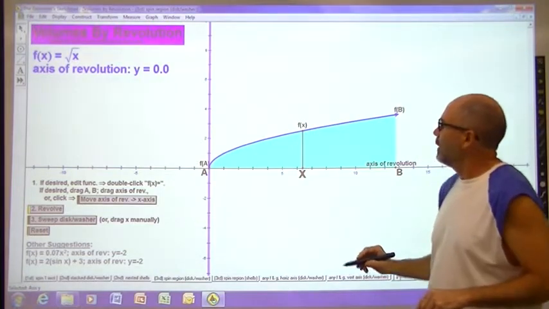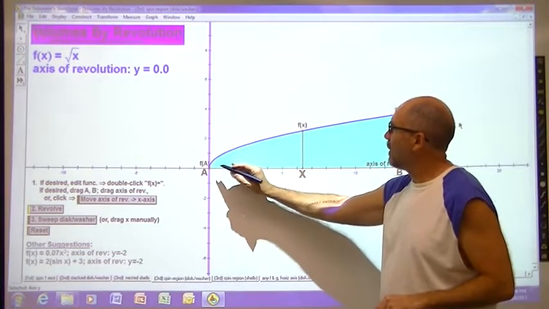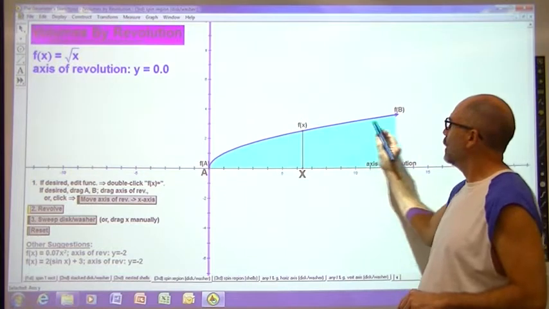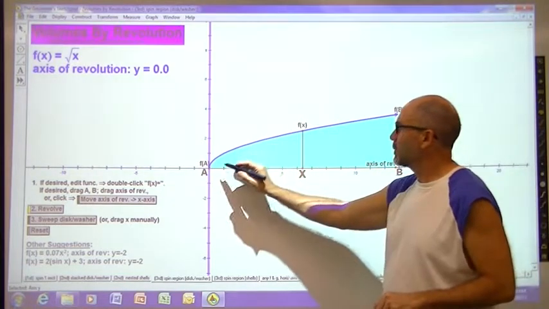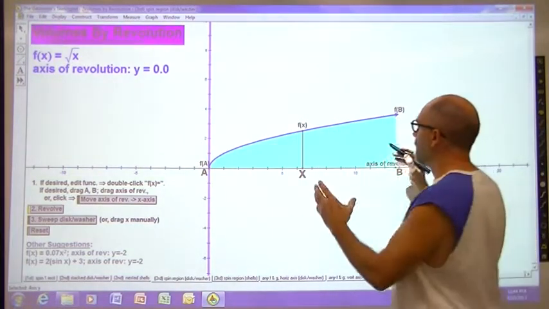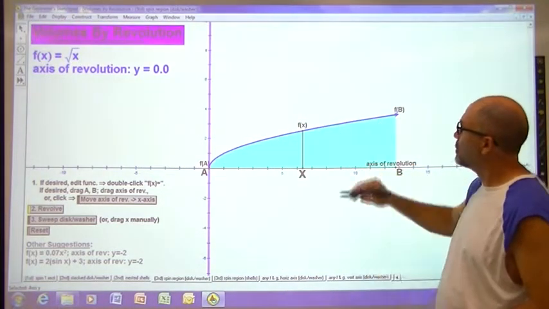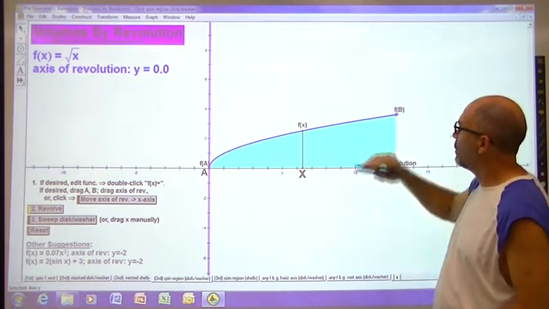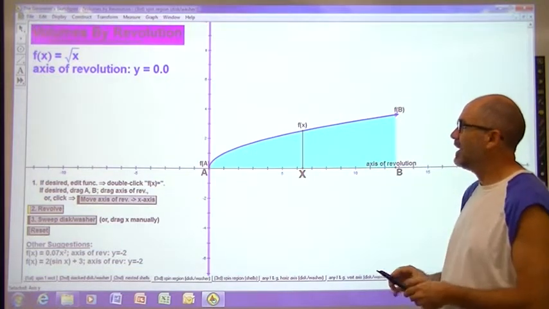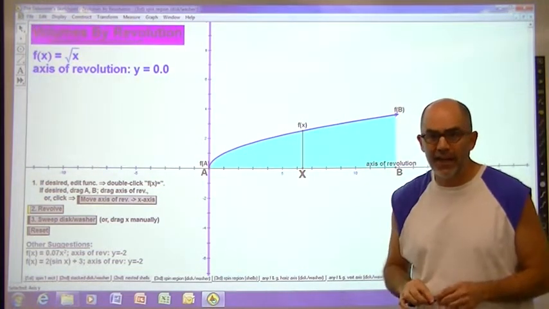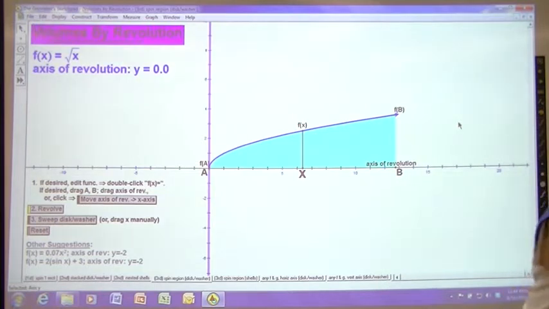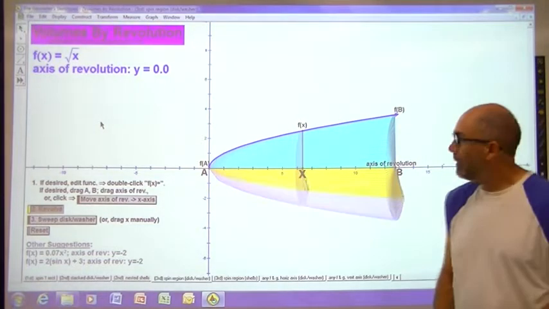Let's say that our radius follows the function y equals the square root of x. So basically, we're going to take this function and rotate it around the x-axis, and it's going to look something like this. Bam!